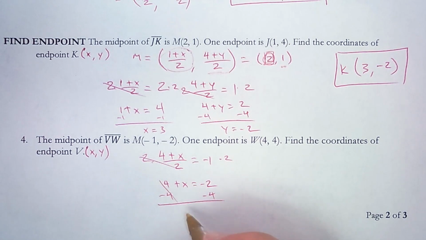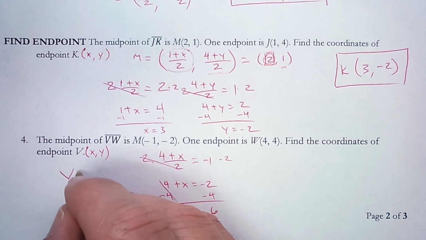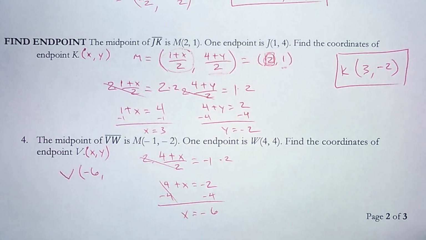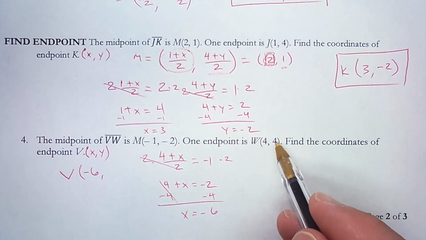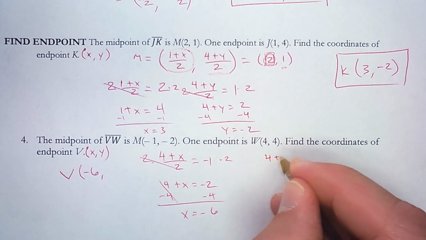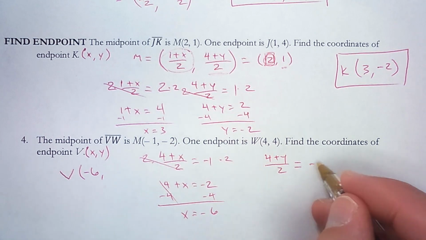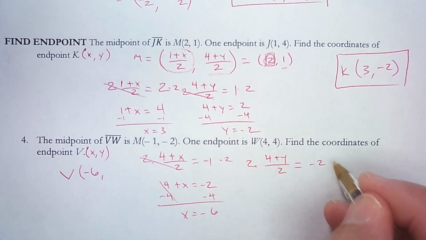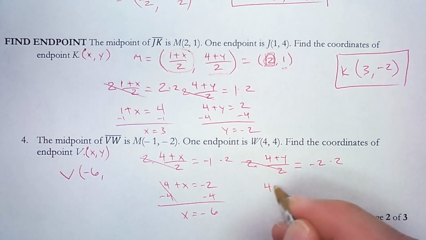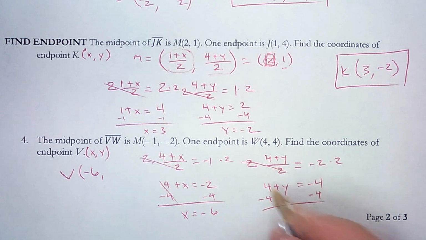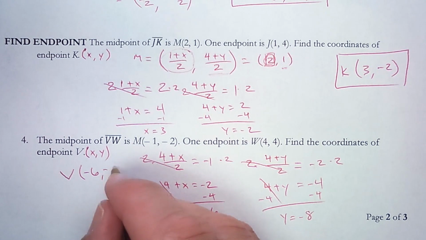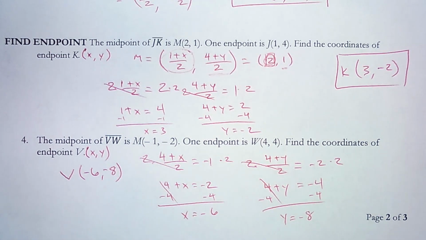And subtract 4, x equals negative 6. So the endpoint V has an x value of negative 6. Then the average of the y's, 4 plus some y value over 2, equals the midpoint's y value, which is negative 2. Multiply both sides by 2. 4 plus y equals negative 4. And subtract 4, y equals negative 8. So the y value of endpoint V is negative 8.